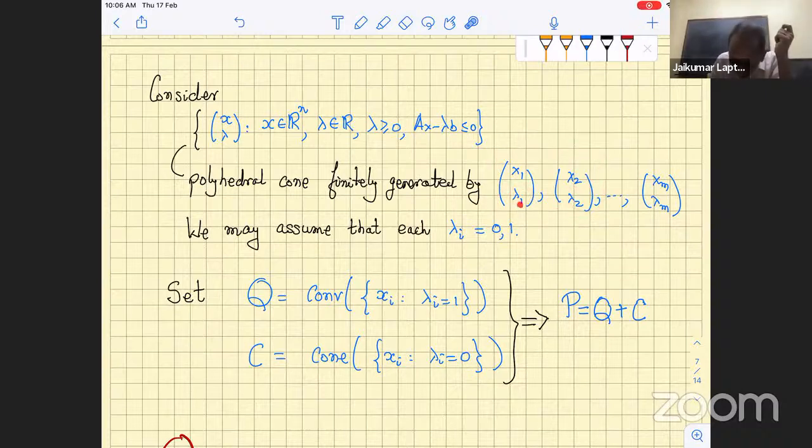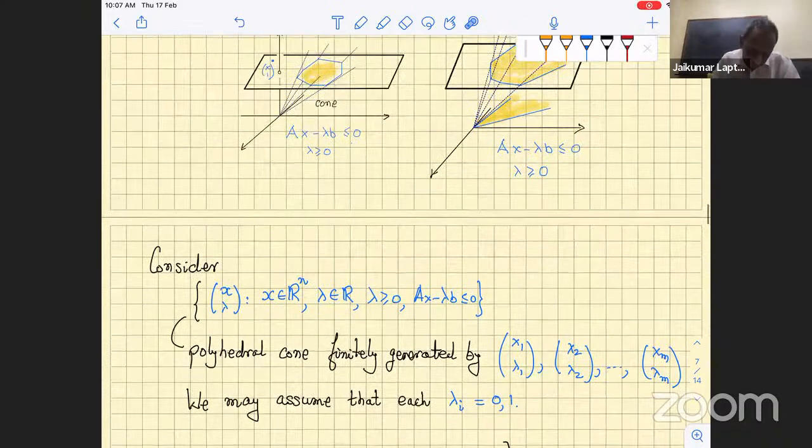And the only combination you can take is a convex combination, because all these are 1, so the sum of those weights, your multipliers, must be 1. In other words, you are taking a convex combination of these xi's. Any point in this is generated by these.